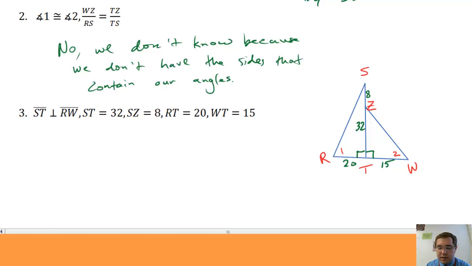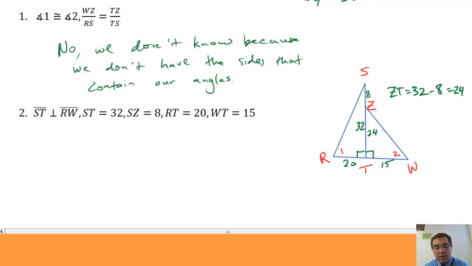We can use that to figure out ZT. ZT is ST minus SZ, so it's 32 minus 8, which is 24. So ZT is 24.